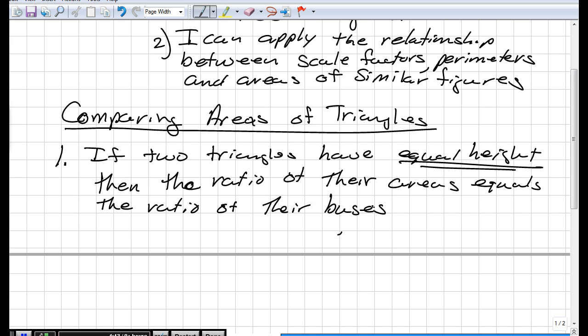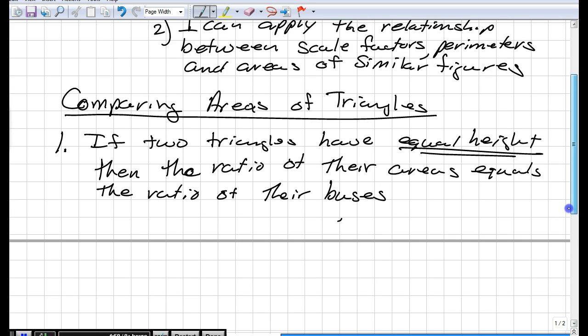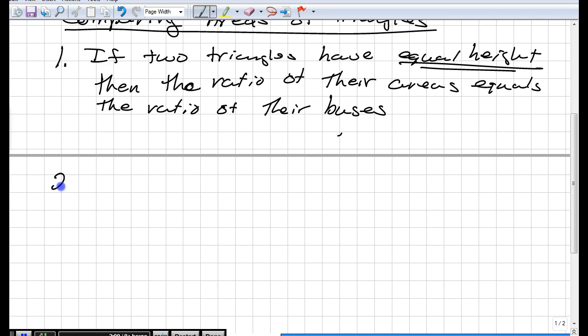Okay? So if they have the same height, in other words, their altitudes to the opposite side are the same length, then we just set up a ratio of their bases, and that equals the ratio of their areas. The second possibility is that they have the same base.